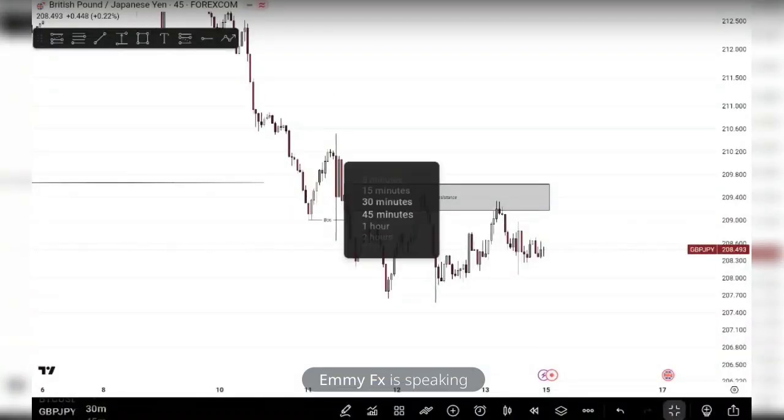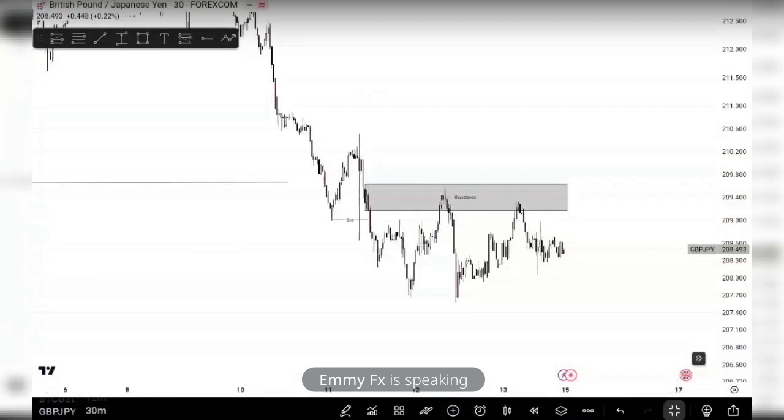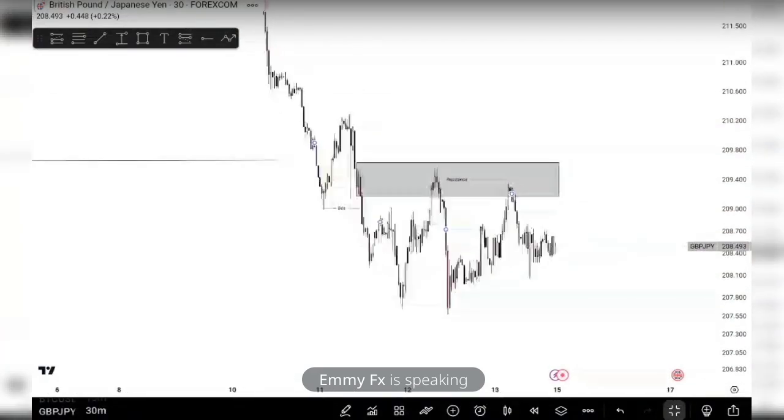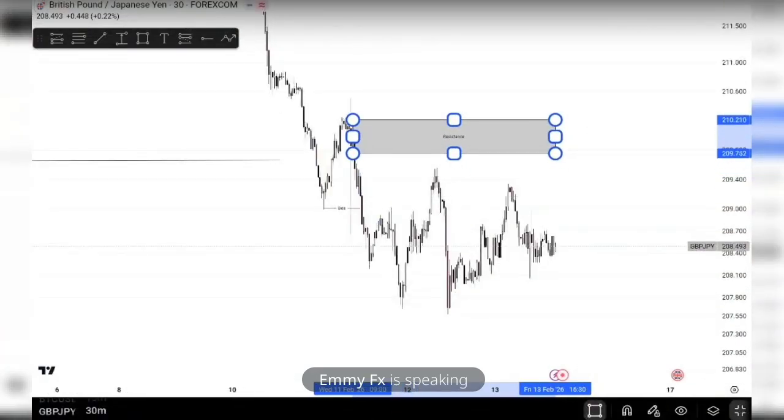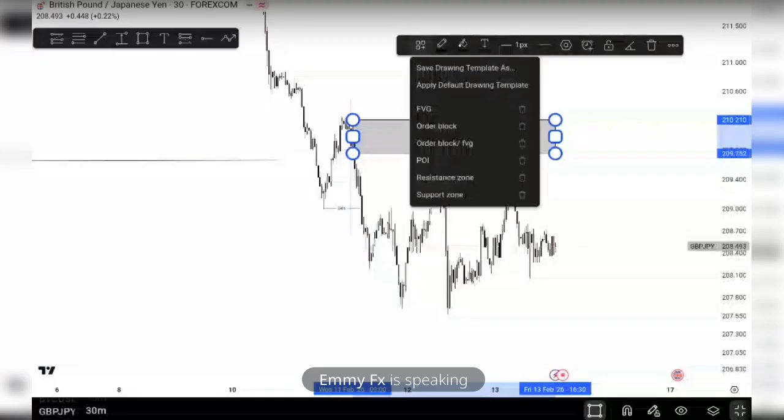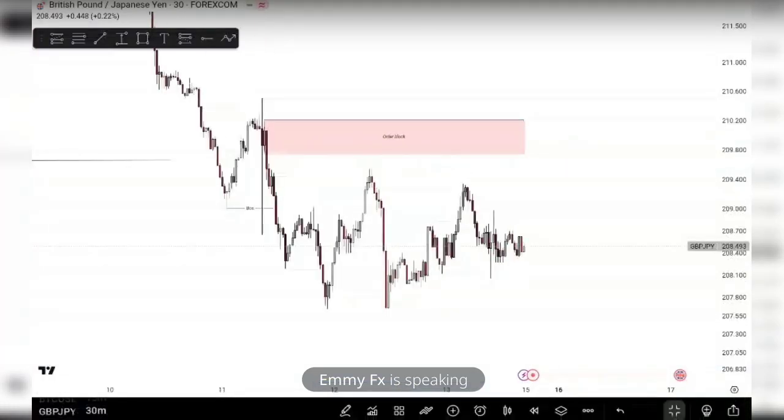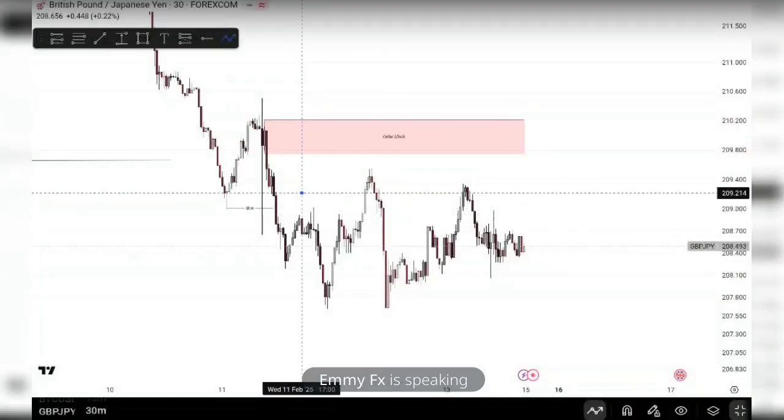All right, 30-minute time frame, we have this order block in which price did not react to. Price just reacted from this, let me say, inducement OB.